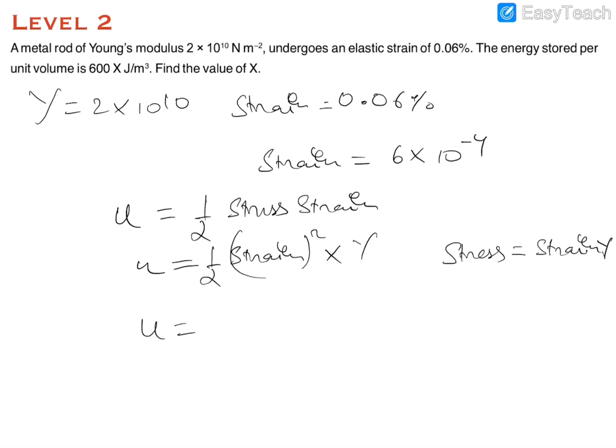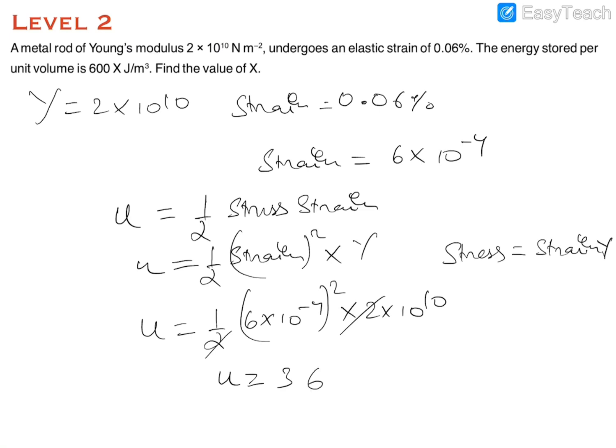So this energy density is half strain whole square, which is 6 into 10 raised to power minus 4 whole square into Y, where Y will be 2 into 10 raised to power 10. So cancelling this 2 with 2, energy density is 36 into 10 raised to power minus 8 and into 10 raised to power 10.